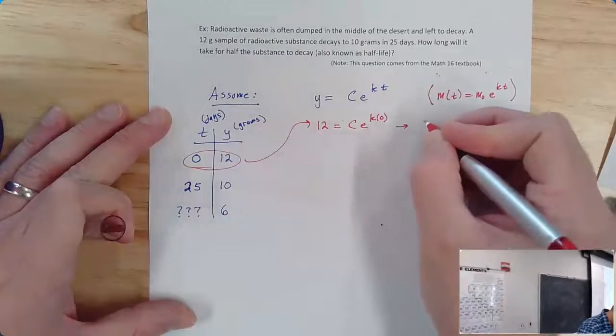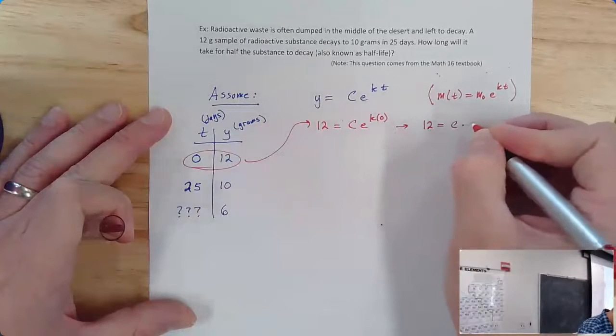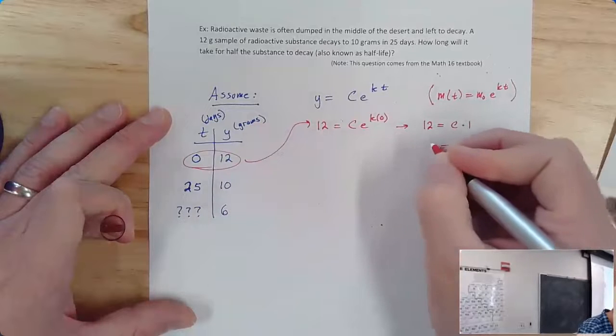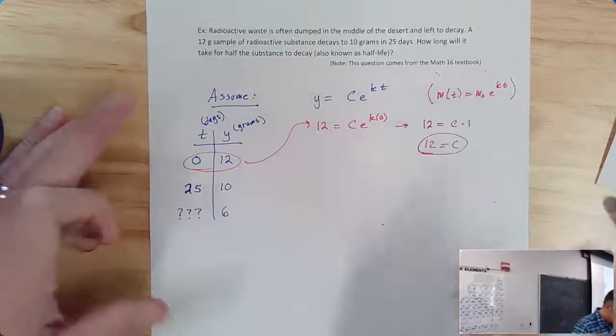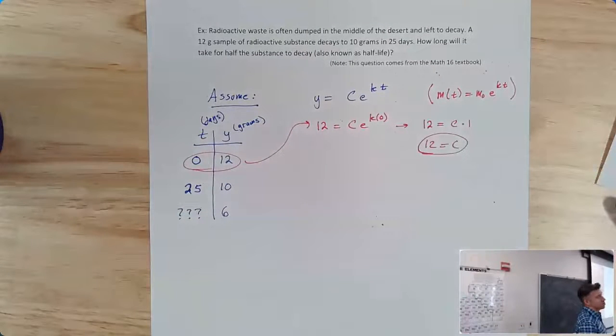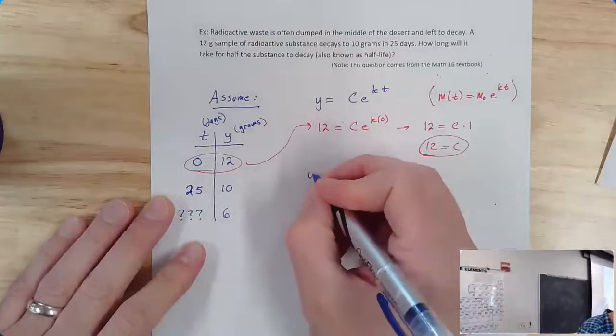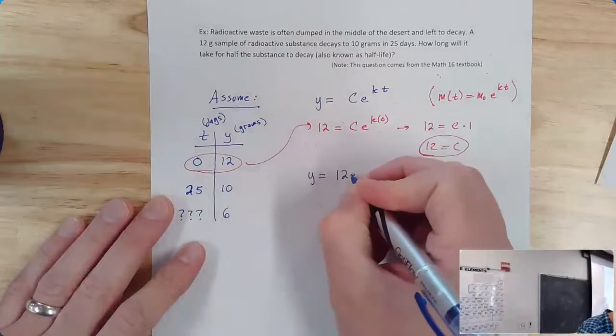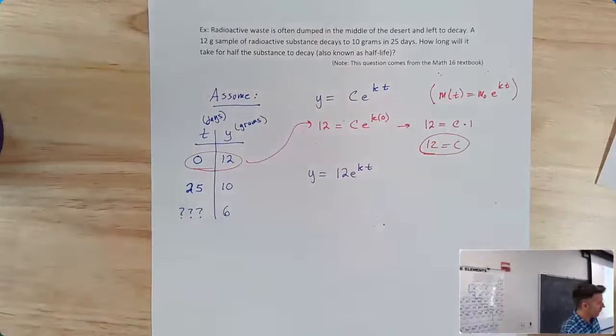So you have 12 equal to C times 1, which means C is equal to 12. Great. But again, you're totally welcome and encouraged to bypass that work. If you're comfortable saying, oh yeah, I know we're starting with 12 and C is the starting amount, you're totally fine just to jump straight to y equals 12e^(kt). That's a perfectly fine jump.